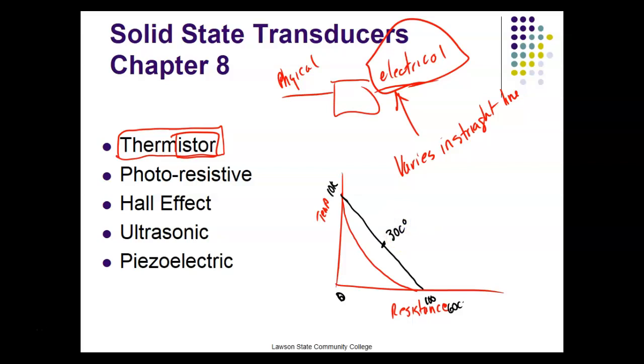You understand? So linear devices are real easy to figure out because they vary in a straight line. Thermistors are not linear, which means they don't change at the same rate. So it might change faster from 0 to 30 degrees, and then it kind of levels out, and then it's going to change slower the hotter it gets, right?